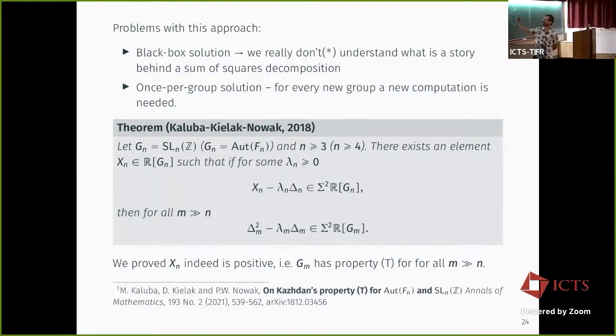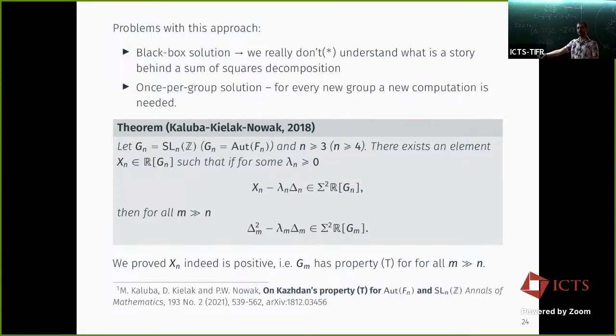Yeah, so here it seems that I start with the group SL_3(Z). I look at its Laplacian, I prove this inequality, so that means that I've written a sum of squares decomposition. But now what happens if I move to SL_4(Z)? Can I use the old one to derive the new one, right?